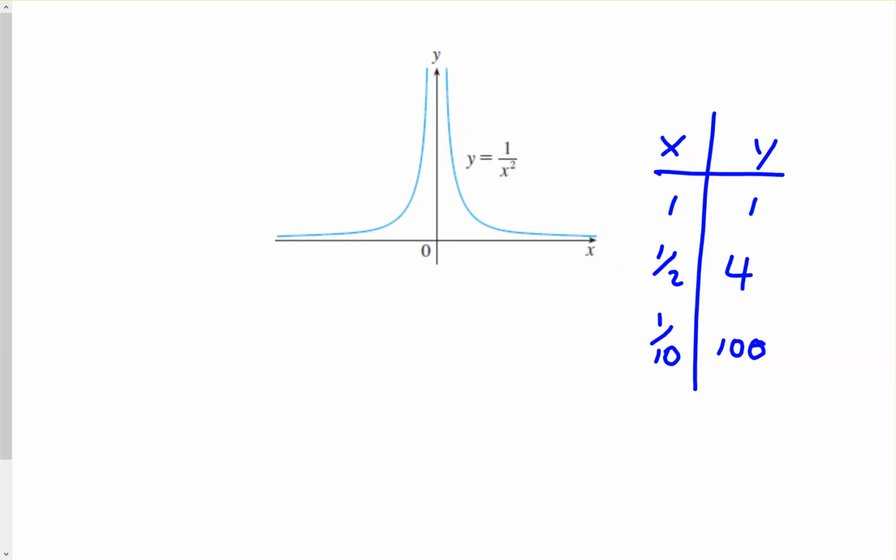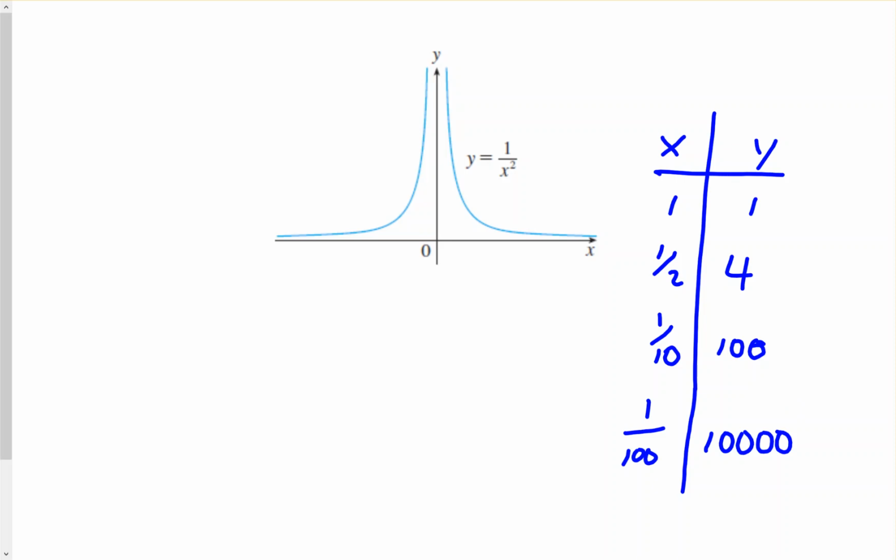So it looks like as x gets closer and closer to 0, as I keep shrinking x, the output is going to keep getting larger and larger. Like if I did 1 over 100, that would end up giving us 10,000.